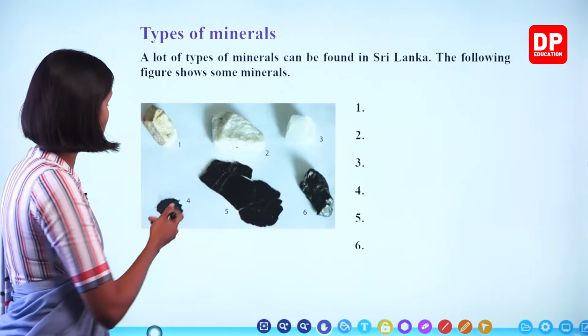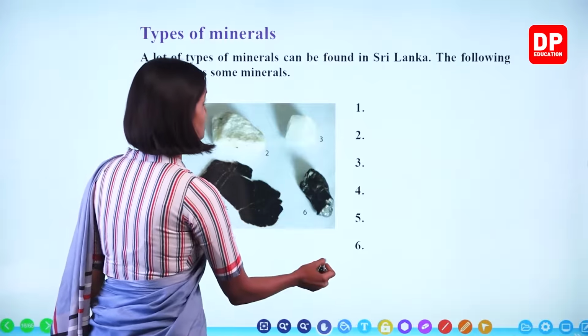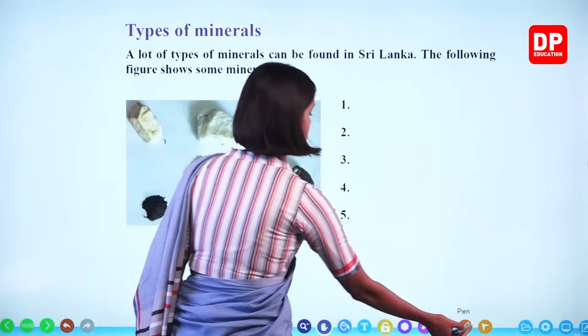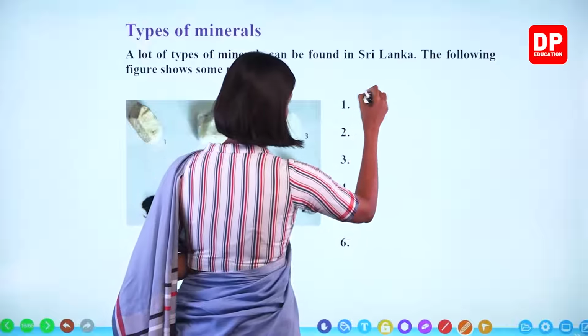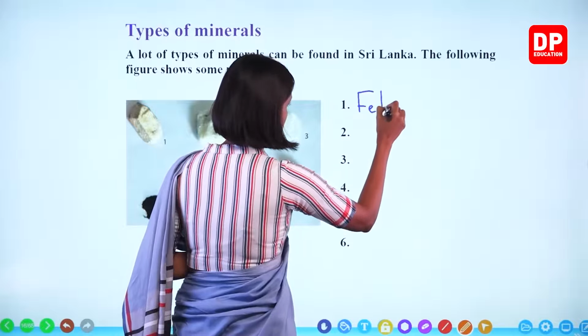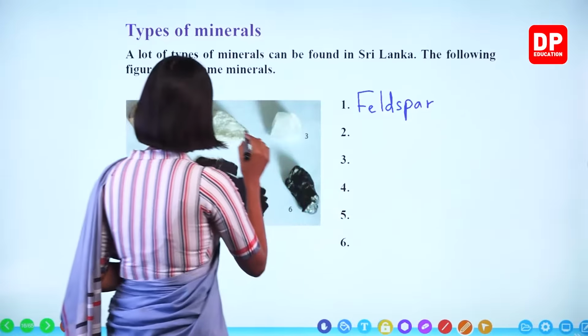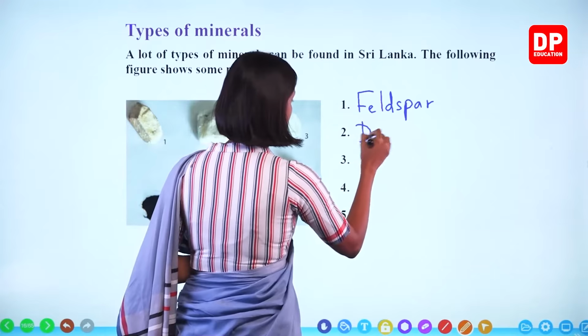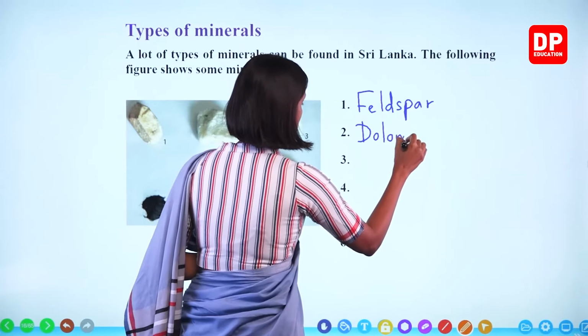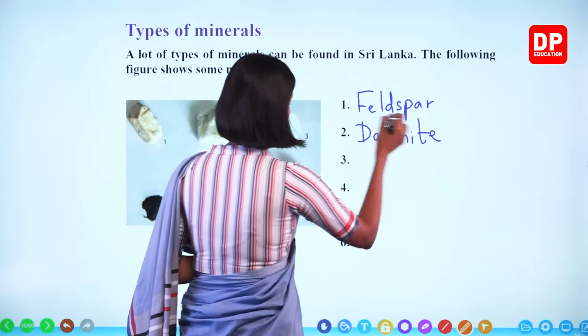We will write them. Feldspar. Number 1, feldspar, dolomite. This is quartz.